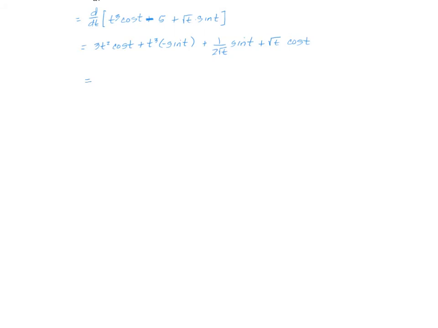So it looks like 3t squared cosine of t minus t to the 3rd sine of t. And then I think I'm going to write this as sine t over 2 square root of t. I'm not going to bother to rationalize denominators. Plus square root of t times cosine of t. I'm going to go ahead and stop there. I'm not going to bother to write this in factored form. Just caution again, remember this is not a vector.